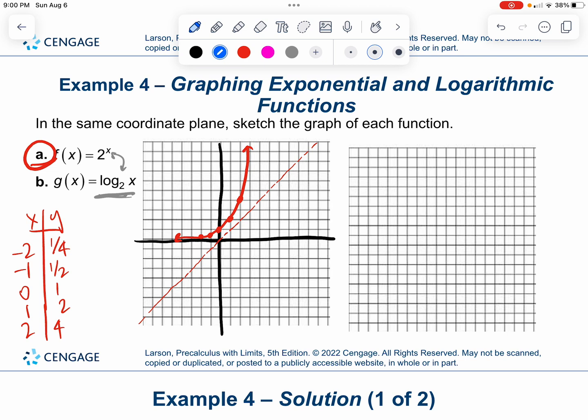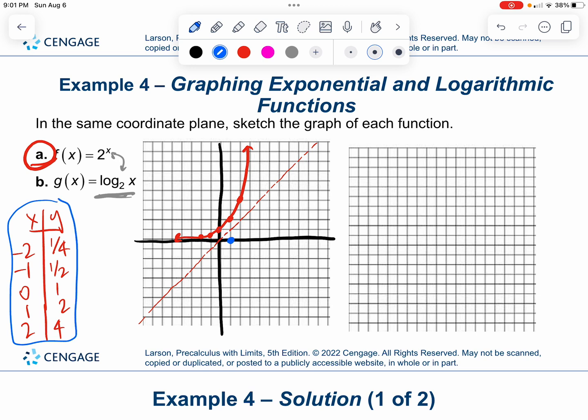I'm going to reflect all of these points across the inverse line, the y equals x line. So let's start with this one. There's that. And actually, it's hard for me to see the reflection accurately. So also with inverses, you flip the points x and y.